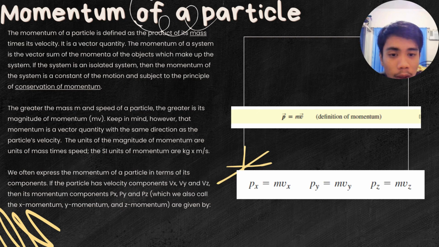Keep in mind, however, momentum is a vector quantity with the same direction as the particle's velocity. The units of the magnitude of momentum are units of mass times speed, and the SI units of momentum are kilogram times meters per second.